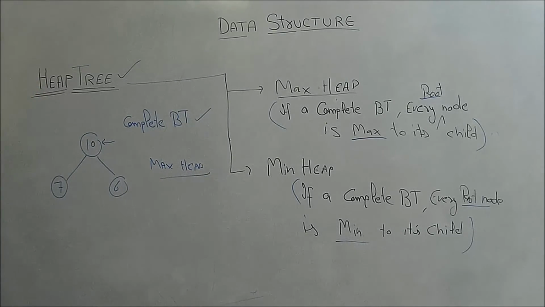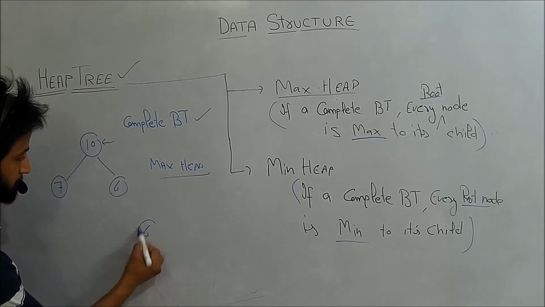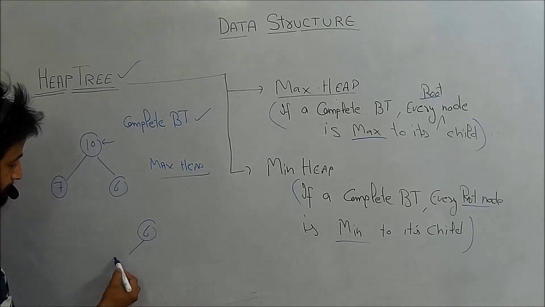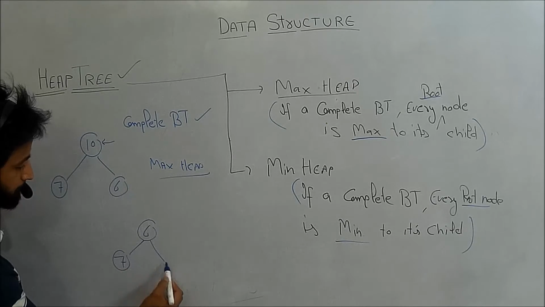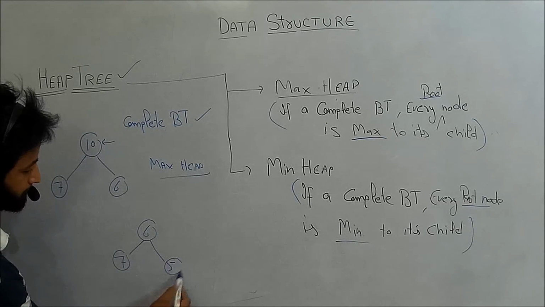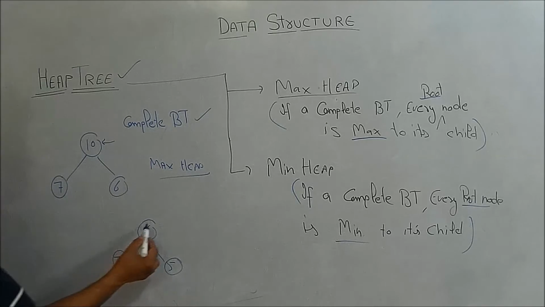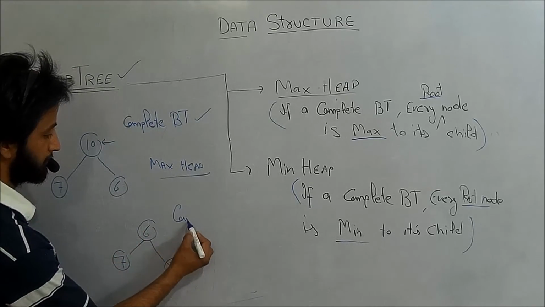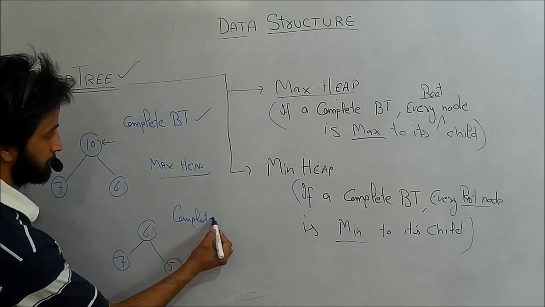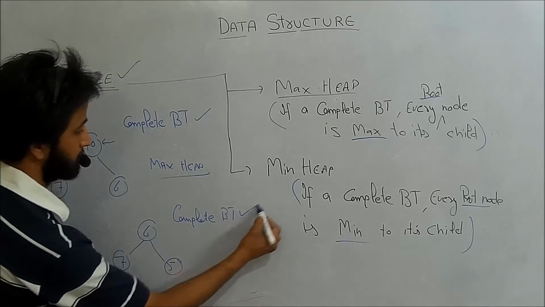Okay, and if we have a case in which 6, 7 and 5, the given tree is a complete binary tree, that is okay.